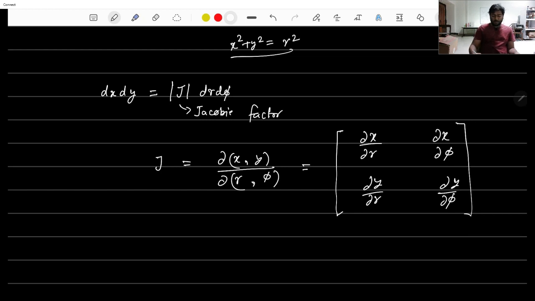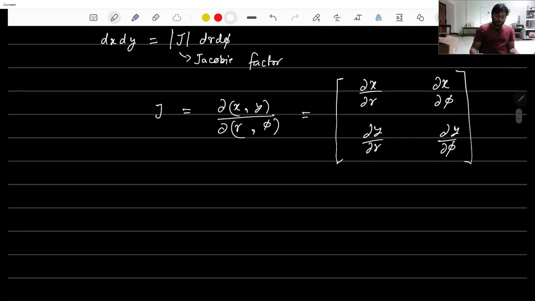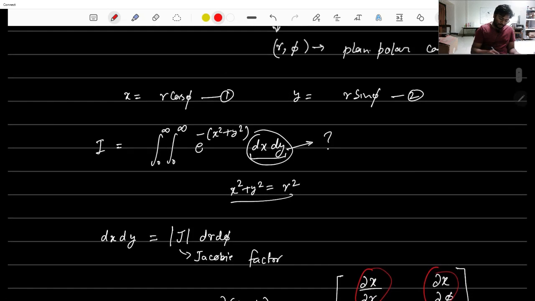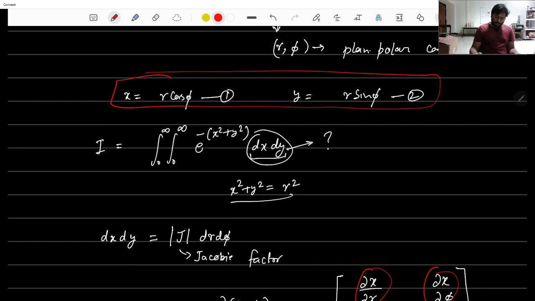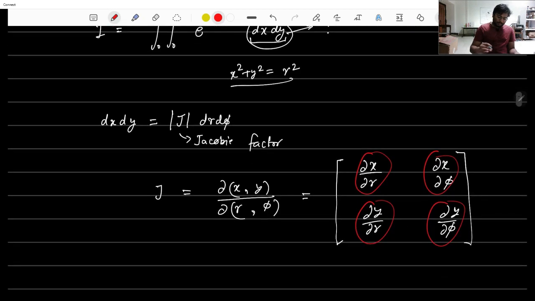So this is the Jacobian matrix. This matrix relates one coordinate system to another coordinate system. We have to evaluate each element here, and we already have the relations between x, y and r, phi. Using these two relations, we will evaluate the matrix elements of J.